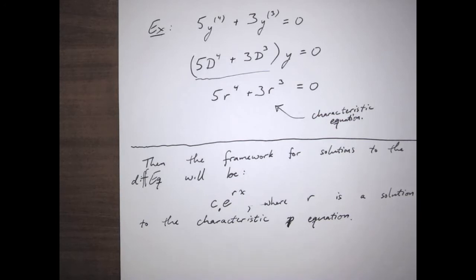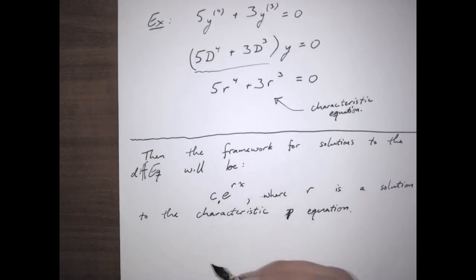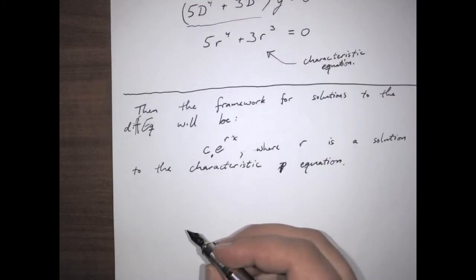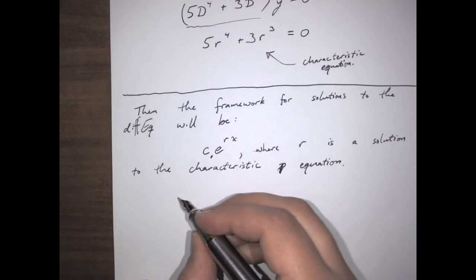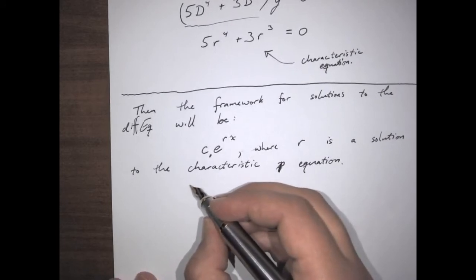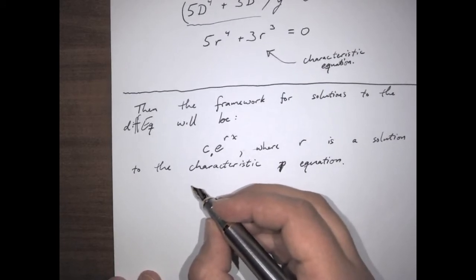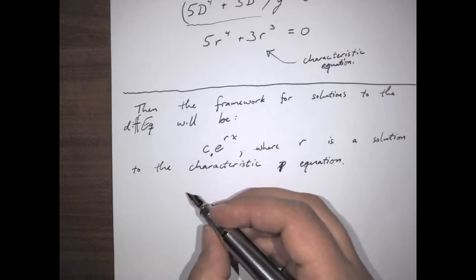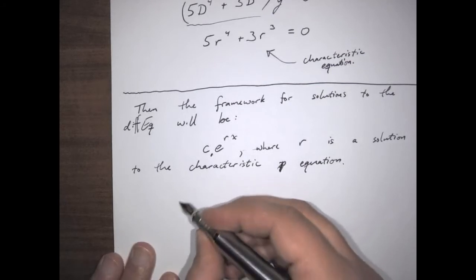But we have to make certain nuanced allowances for the sorts of cases that we encountered before. In particular, we have to allow the possibility that any of the cases that we previously saw may now include higher multiplicity.